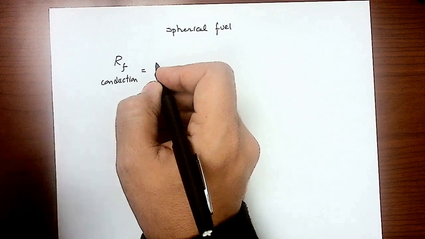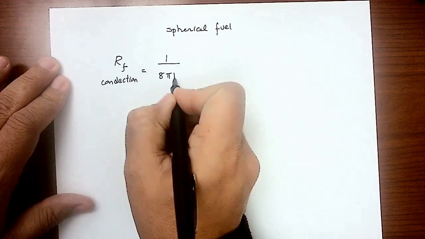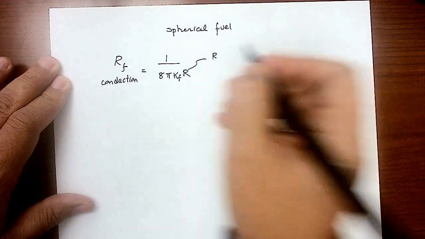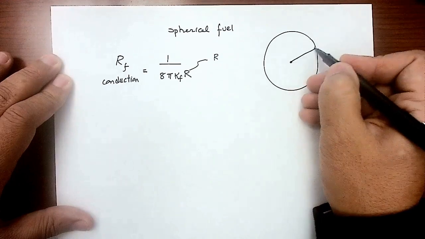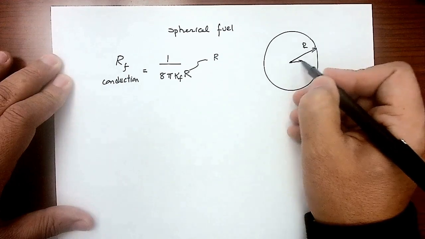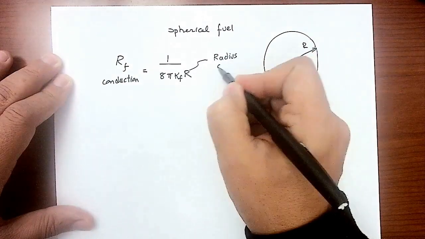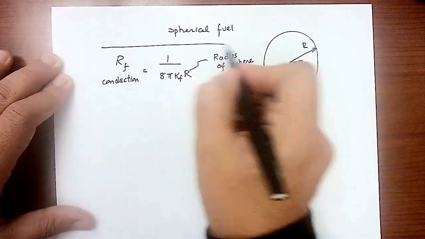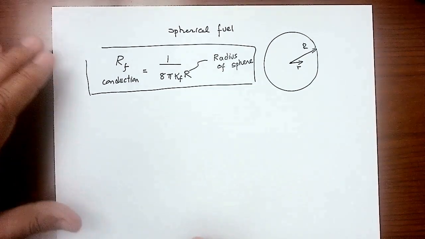Let me write it down correctly. 1/8 times pi times the K of the fuel times the radius of the fuel. So this is the radius. Let me draw it actually. That's a spherical fuel shape here. This is the capital R, and this is the vector r. So this is the radius of the sphere. And this is the equation that we're going to change for conduction.